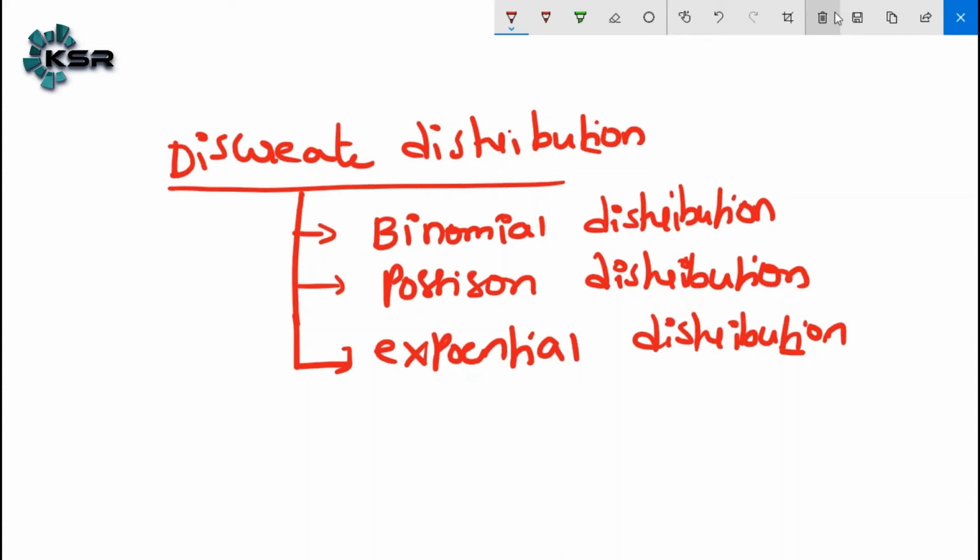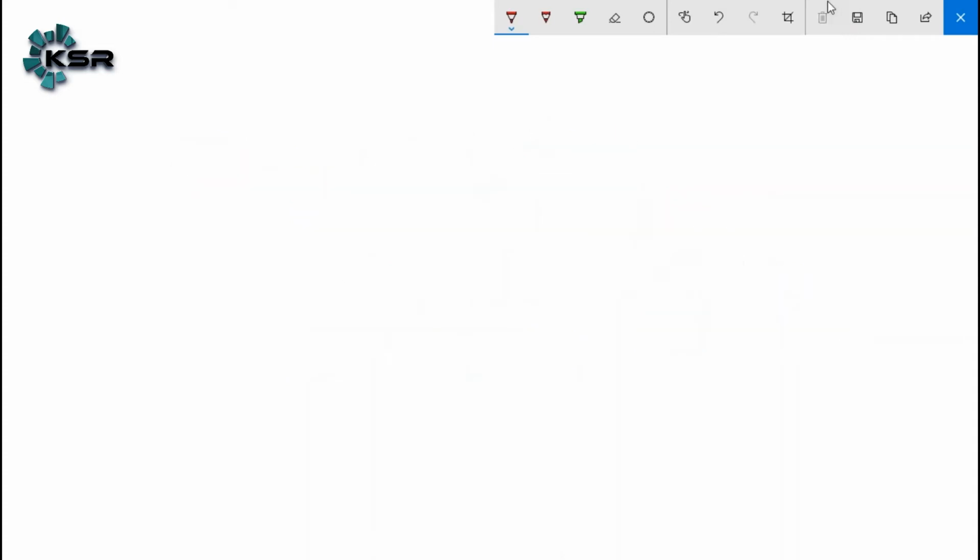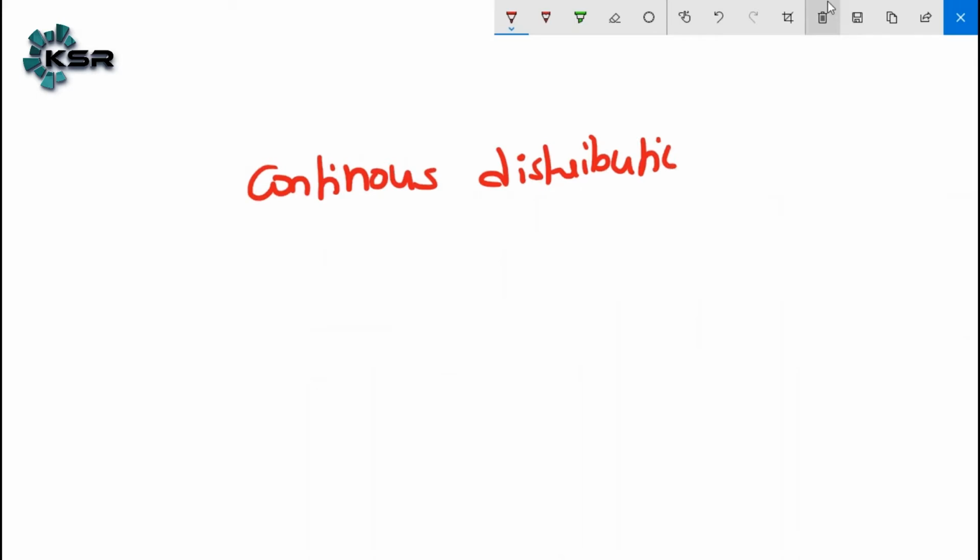Before we discuss in detail the binomial distribution, Poisson distribution as well as exponential distribution, let's have a discussion about the continuous distribution. Continuous distribution has been classified into four different types.